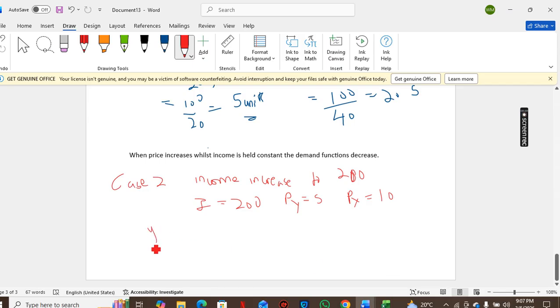For Y, we're going to say Y equals, remember the Marshallian demand, I over 2PY. So if the income increases to 200 divided by 2 times 5, that is 10, we can get 20 units of Y.